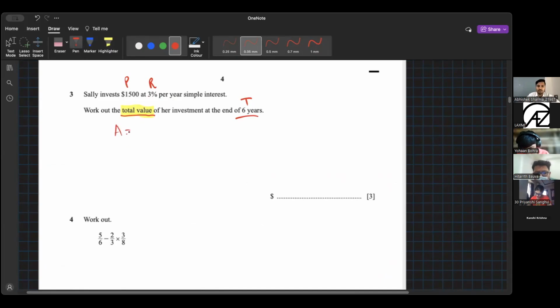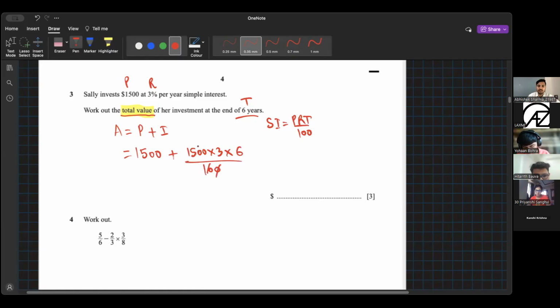We know that the amount formula is principal plus interest. The principal amount is 1500, and the simple interest formula is P into R into T upon 100. So that is 1500 plus 1500 into 3 into 6, divided by 100.